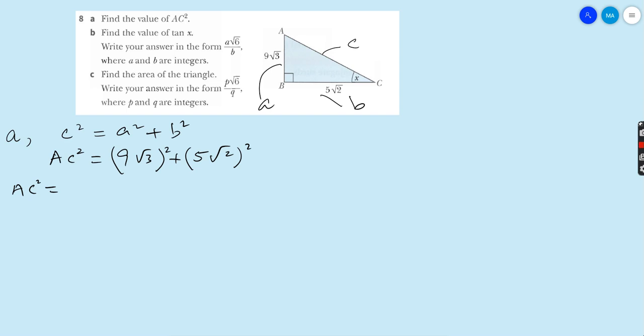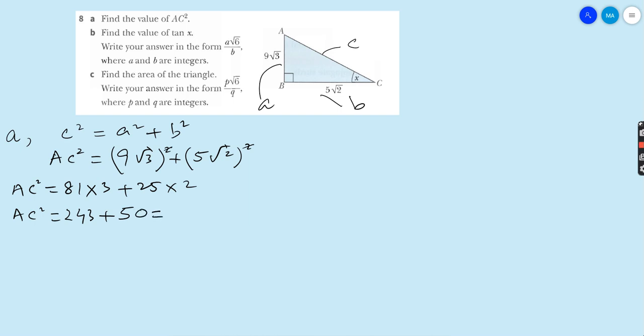AC square is equal to 9 square is 81, multiplied by 3, since square and root cancel. 5 square is 25, square and root cancel 2. AC square is equal to 81 multiplied by 3, 243. 243, plus 25 into 2, 50.